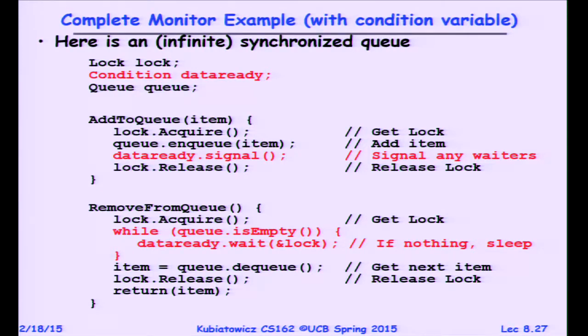And now if you look at the flip side, when I go to remove, I do lock.acquire, grab the lock, and then I say, while the queue is empty, wait. And this loop in principle might happen multiple times, but eventually I find that the queue is not empty. I exit by dequeuing, I do lock.release, and I return an item. And what's different in this case is that I always return a non-null item.